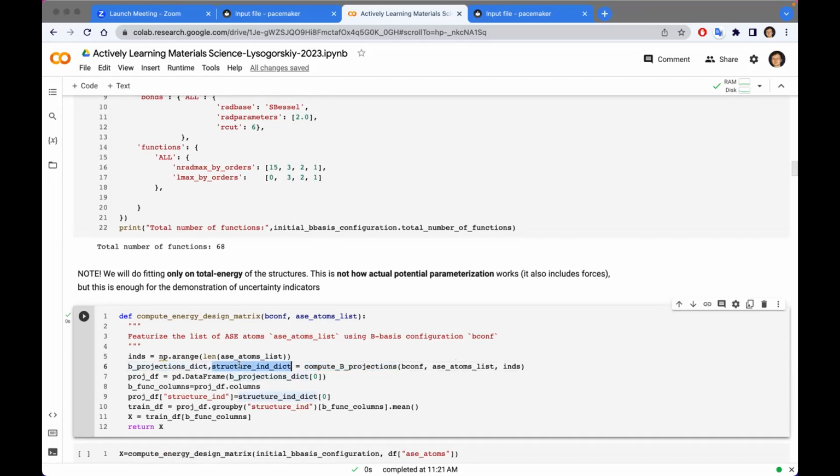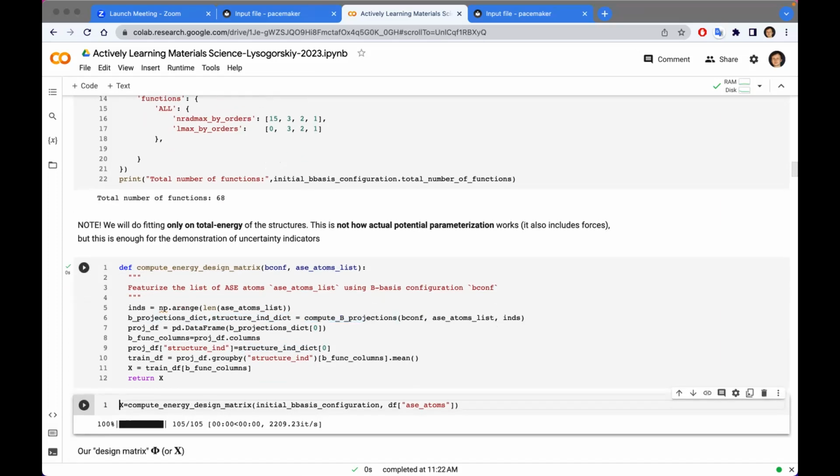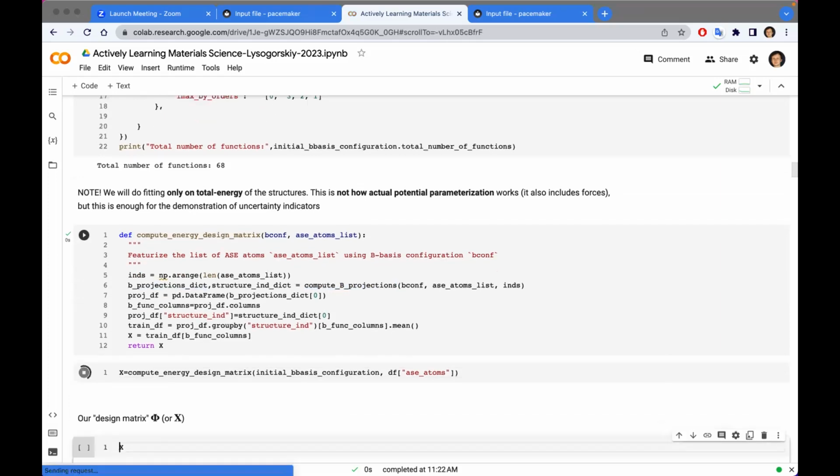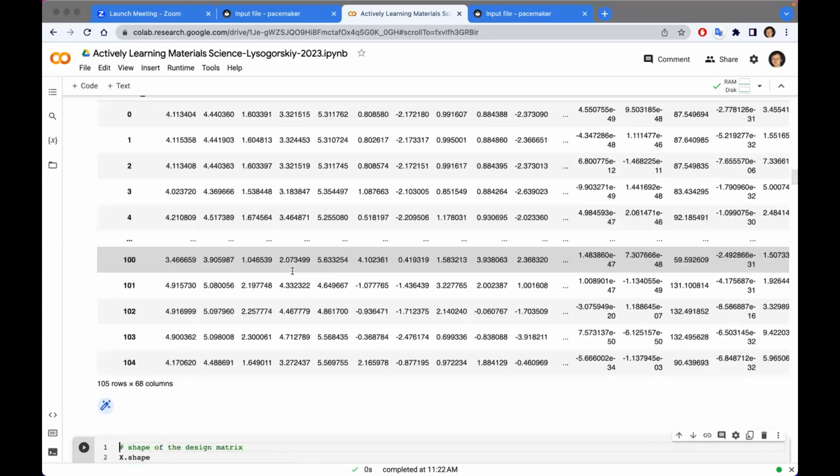And if you want to keep track of which structure is what, because you will have B projections for each atom in a structure, but it will be just one big NumPy array, there will also be a parallel mapping of structure indices. But skipping all the details, this function will give us the compute energy design matrix, which looks like that.